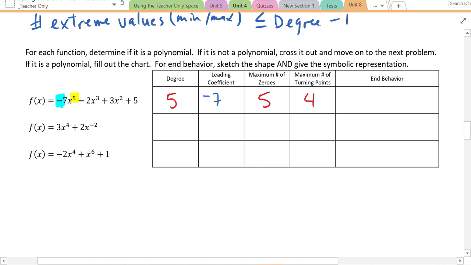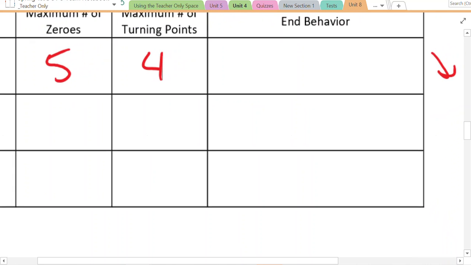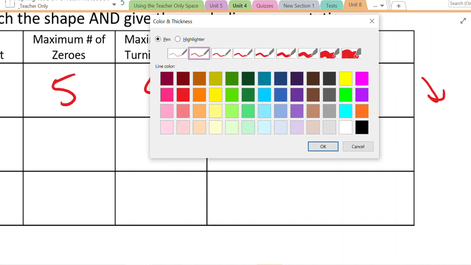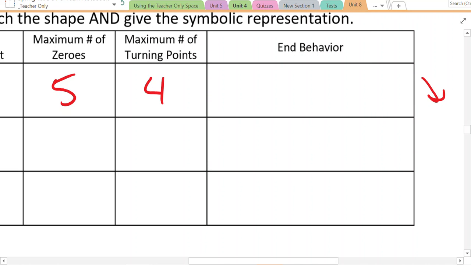And then the end behavior. Because it's a 5th degree and its leading coefficient is negative, I know the overall direction it's going. So I know that as x goes to negative infinity, y is going to infinity.